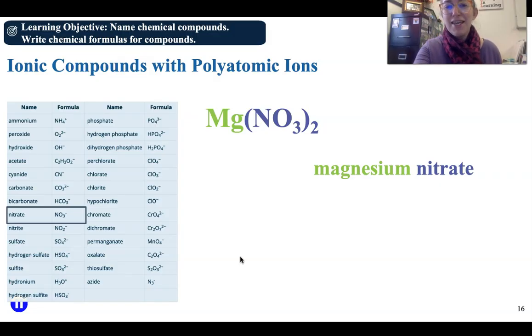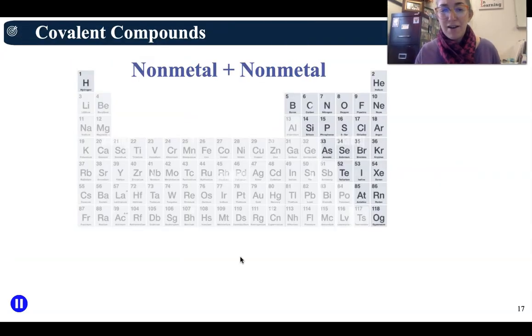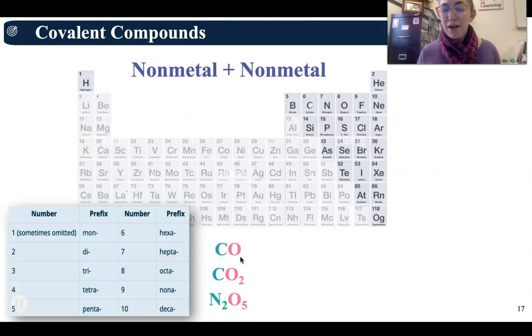There's no such thing as MgNO3, and there are no other versions of that compound, okay? But there are many combinations of carbon and oxygen or nitrogen and oxygen. And so we have to use prefixes when we are naming these compounds because we can't just call it carbon oxide.